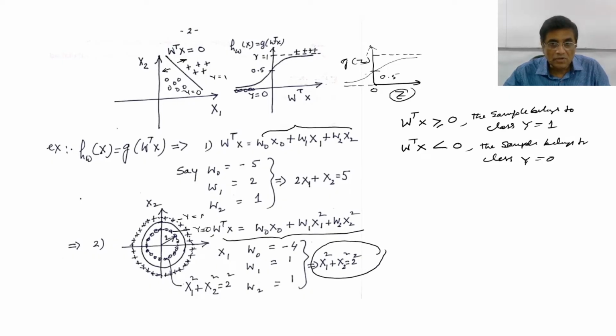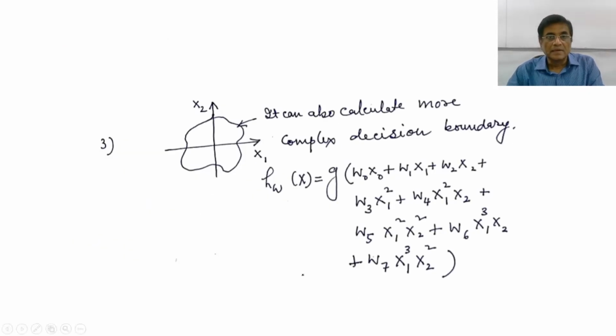Beyond this, all samples belong to y equal to 1. If I put the samples here, is it clear now? I think it is clear. If not, let us know. Similarly, I can design a more complicated predictor. In the case of linear regression, g was not there.